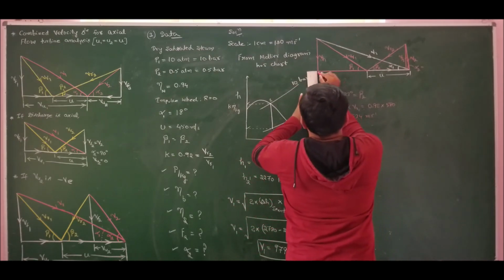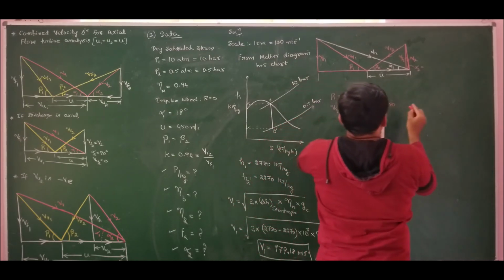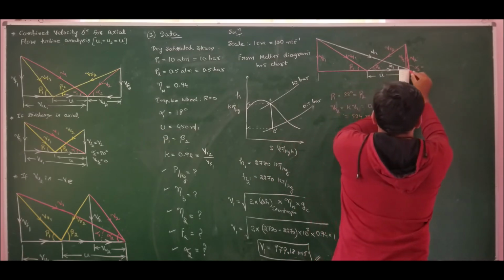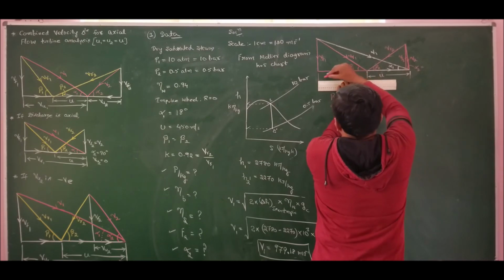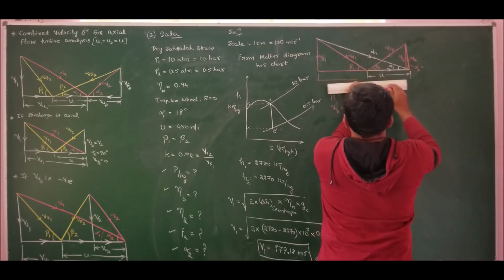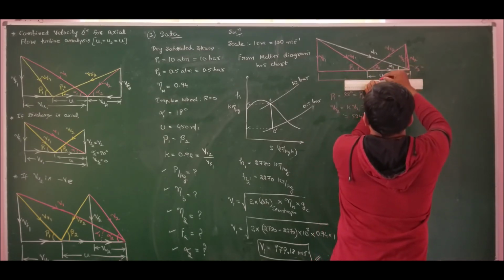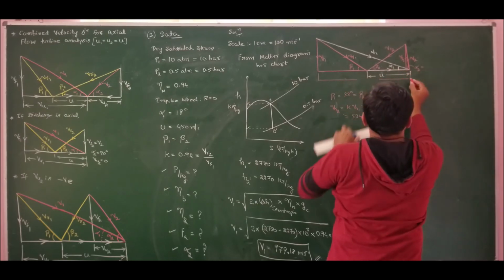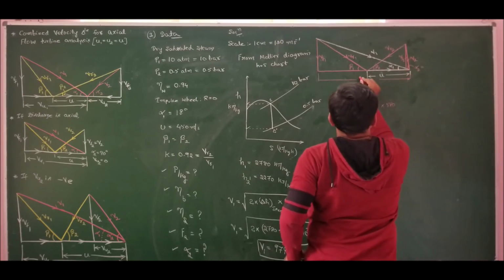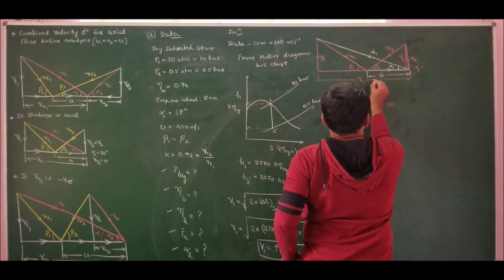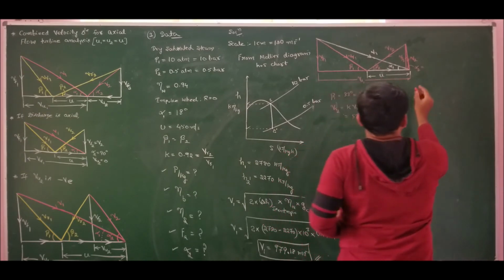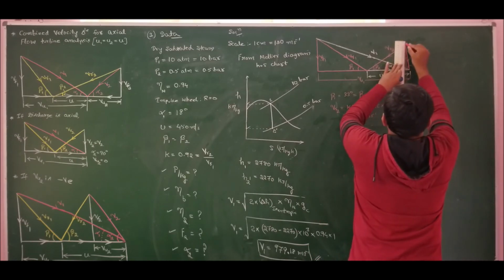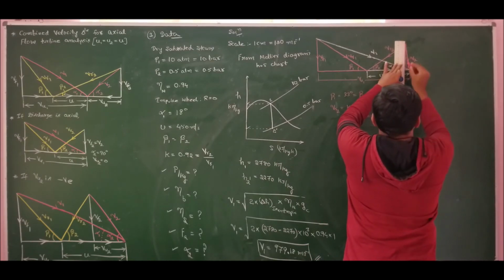So this length will give us Vu1, and this length will give us Vu2.